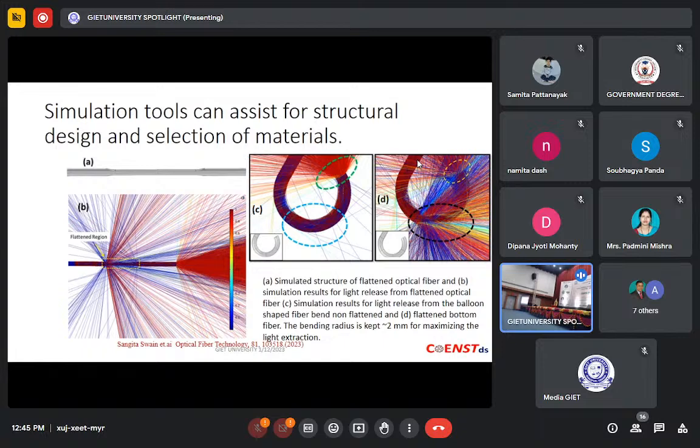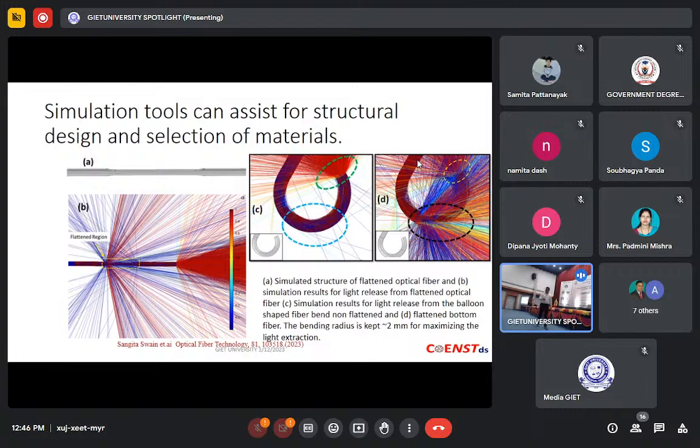That means the light which is coming out can be effectively used for refraction. I want this light to leak out of this second portion of the optical fiber, where I will put the nanomaterial, and it will interact with the light. This is what we have done. So you have to play with the geometry of this optical fiber, so that you can know which type of geometry will be suitable for your particular application.